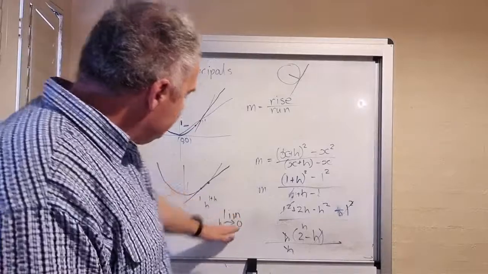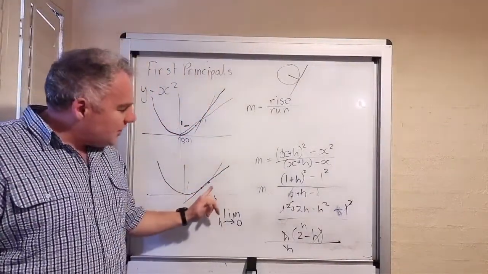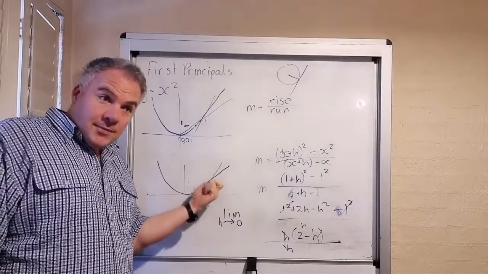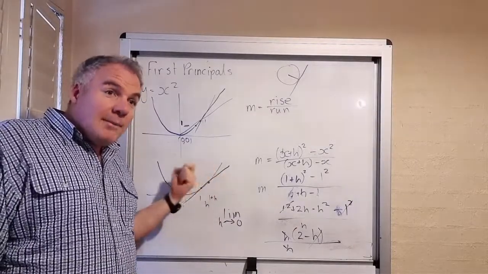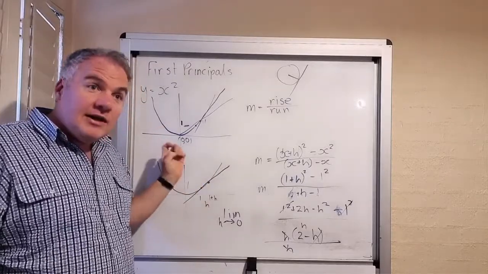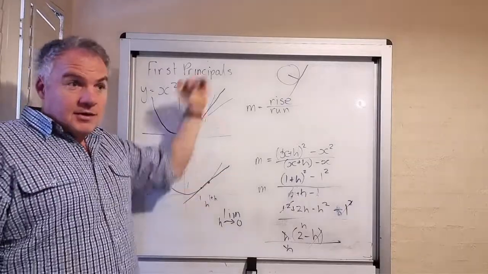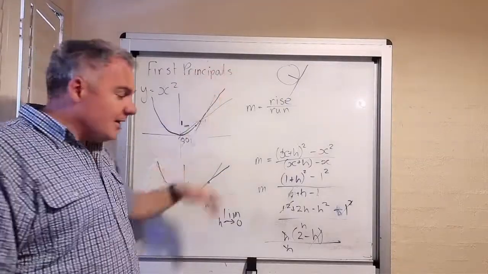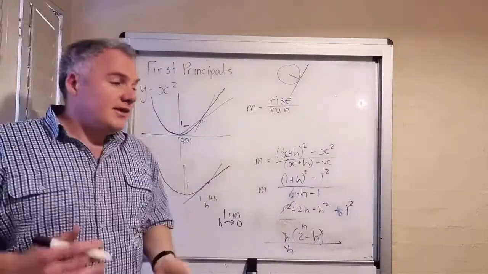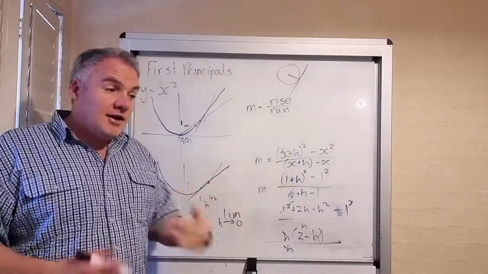Okay, you've got the point 1 plus h, and as h goes to 0, there's almost no gap between them. But for every tiny unit of infinitesimal thing you go across, you go up 2. Okay, that's really important.